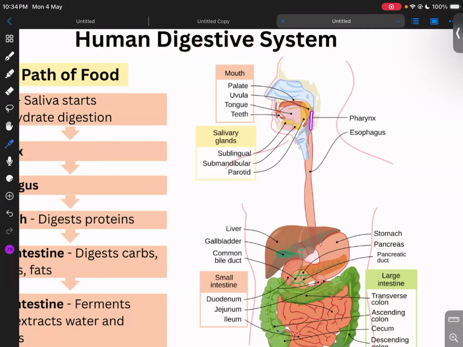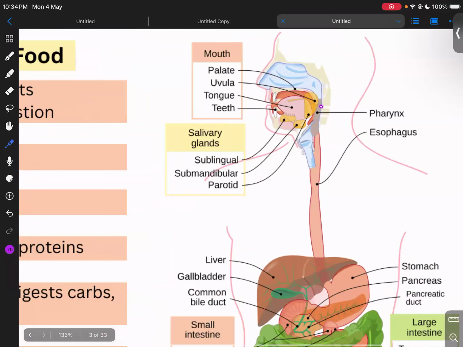This part is called the pharynx. The pharynx is divided into 3 parts: nasopharynx, because it lies behind the nose; oropharynx, because it lies behind the oral cavity; and laryngopharynx, because it lies behind the larynx.